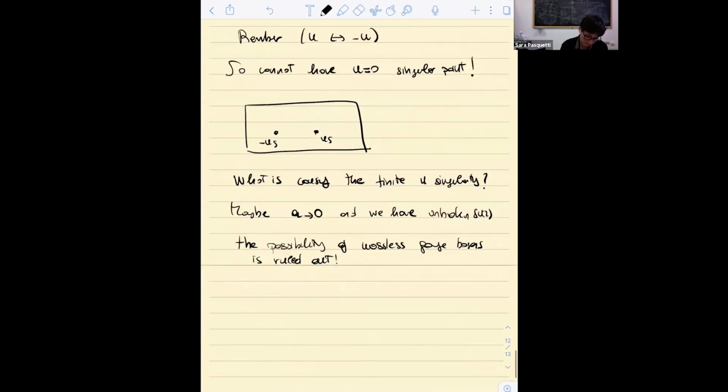The argument, if you want, can be phrased in this way. For A equal to 0, we have SU(2), which is a theory which is asymptotically free.